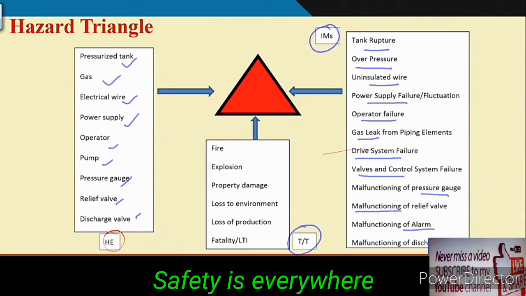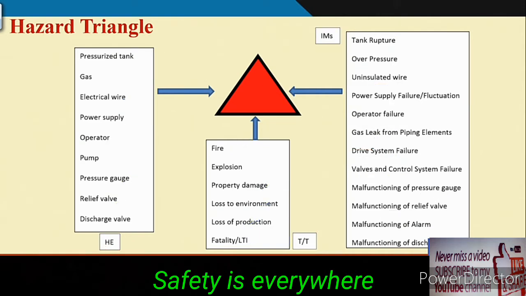So, many events in between can take place, which alone or in combination can lead to explosion, fire, property damage, loss of equipment, loss of production, fatality and other things. So, these are target and threat. So, with reference to pressure tank system, this is the hazard triangle, and the concept of hazard triangle I have already given you, and I hope that here you get something more, means it is revisited.